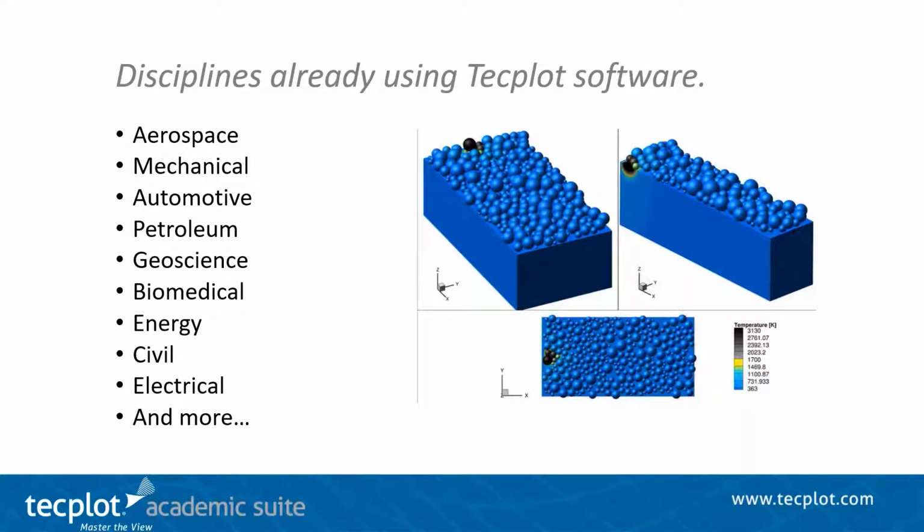Civil engineers for structural analysis and environmental impact, and electrical engineering for simulating semiconductor fabrication, and many, many other applications. So in multiple disciplines, Tecplot software has been and is still being used by students, faculty, and researchers to better understand the results of simulation and experimental data in their work.